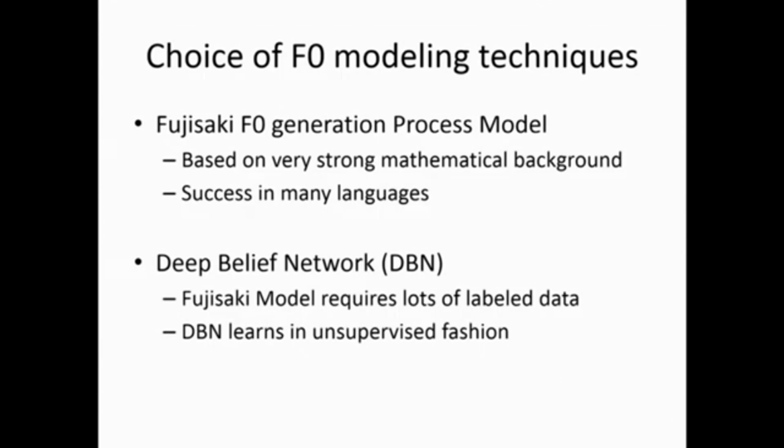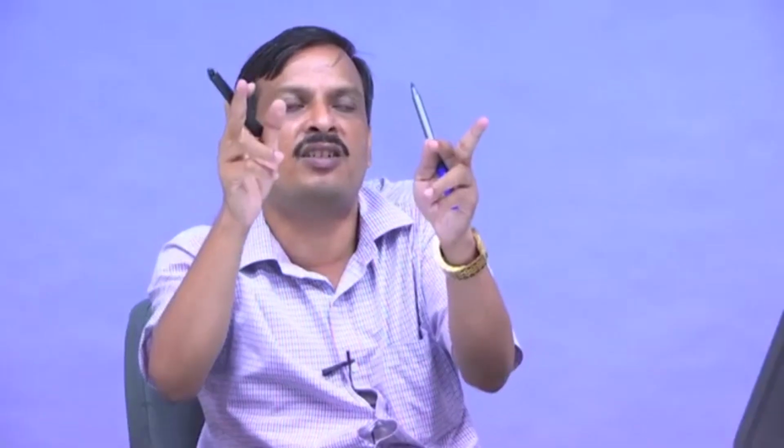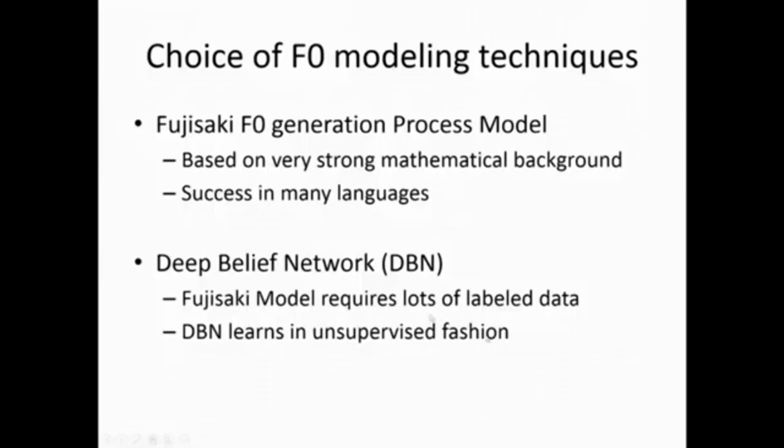If this kind of sentence comes, with this structure, then based on that structure I have to form the rules: what should be the height of the accent command, the phrase command, all kinds of things I have to define. So, that requires labeled data for training, but the DBN is learned in an unsupervised fashion, so not that much labeled data is required. So, we tried that also. I will show you the result in the end.